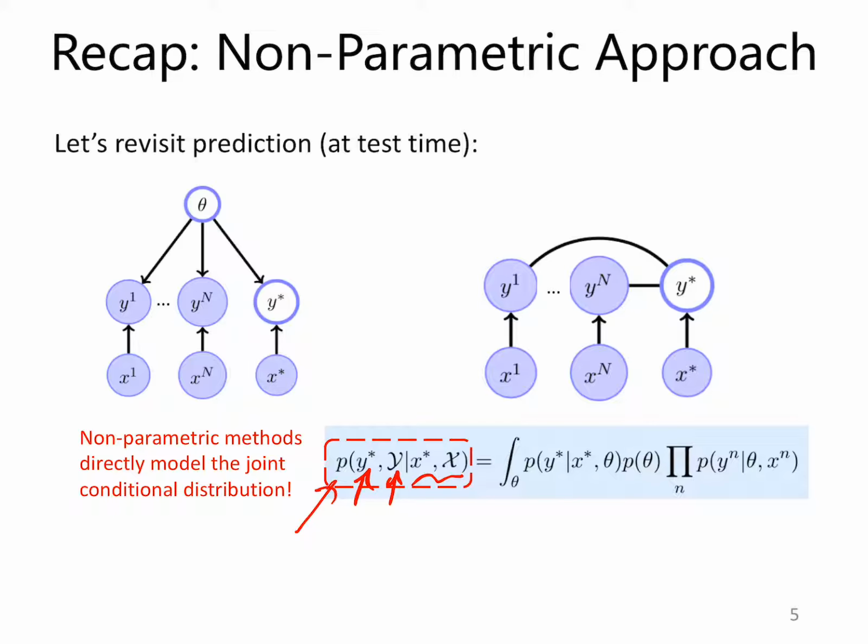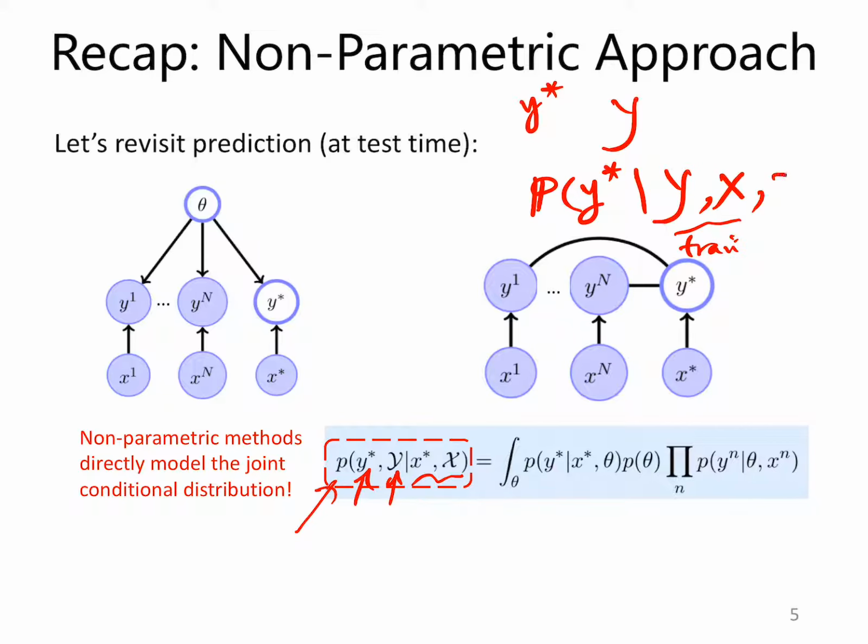That's one. So now you mentioned that, well, if y star is my test data and y is the space of all of my training, what I'm actually interested in, my predictive likelihood. And so y star given all of the training, and x star, which is my test. Yes, you're right. But you can see that you can estimate.